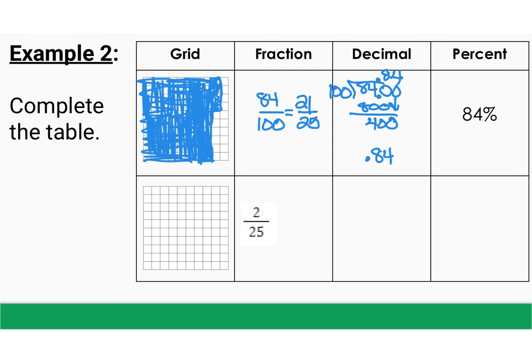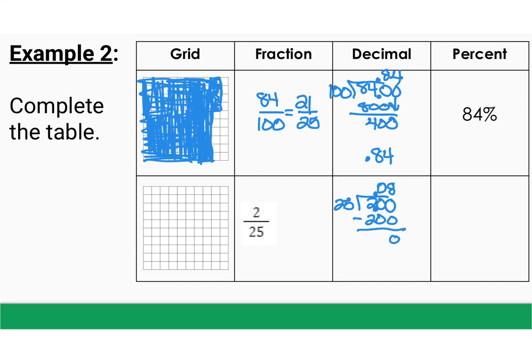Okay, so 2/25, we can figure out what that is. That's the reduced form. So I'm going to take 2 and divide it by 25. I'm going to have to add a decimal and 2 zeros. So I have to have a placeholder here because 25 cannot go into 20. However, 25 does go into 200. 8 times 25 is 200.